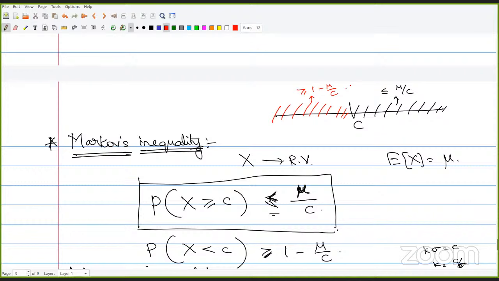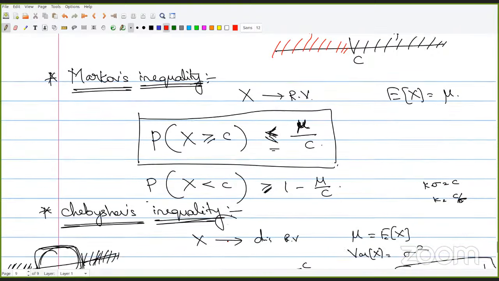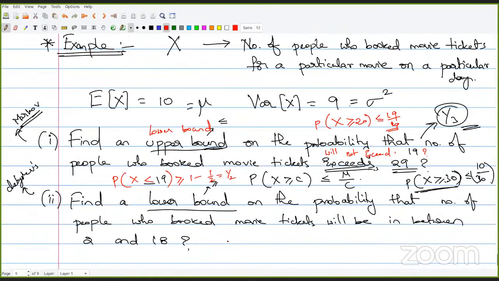That's it, because the whole probability should be 1. Here this is X greater than or equal to c, here this is X less than c. Just convert the English statement into these inequalities. Exceeds means greater than or equal to. Will not exceed means less than or equal.